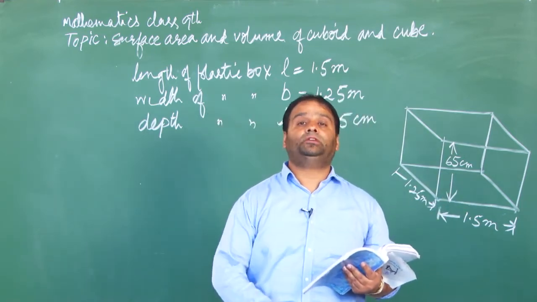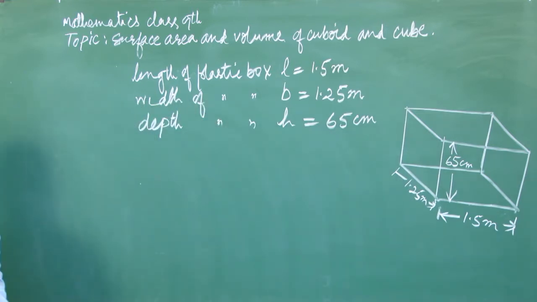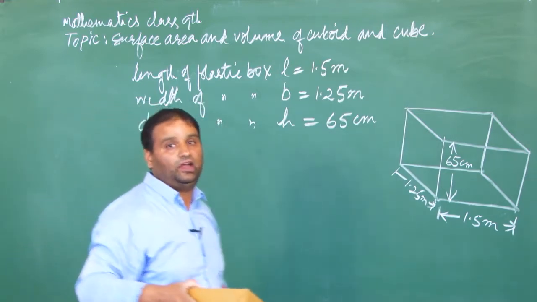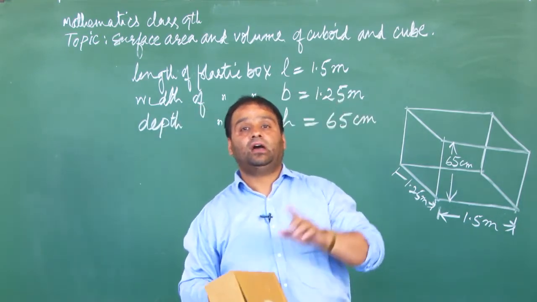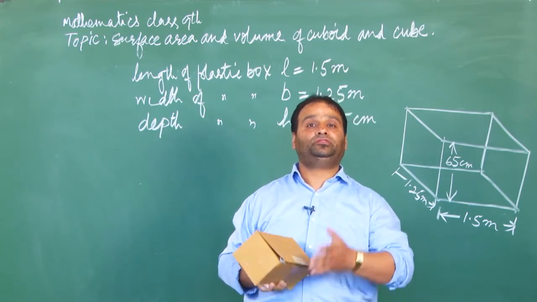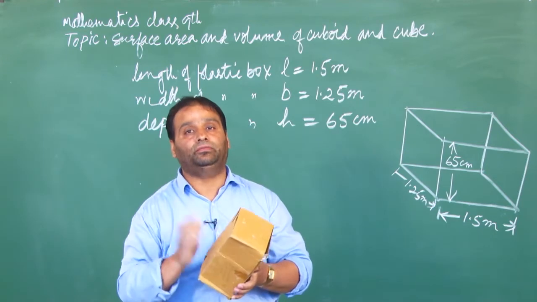It is given it is opened at the top. Now, the plastic box is of a cuboidal shape because length, breadth, and height vary, and one of its surfaces is open. That means how many surfaces we have to take into account? 1, 2, 3, 4, and 5.